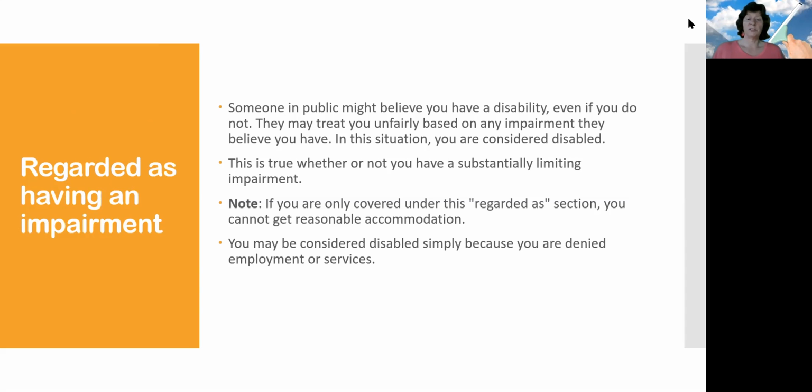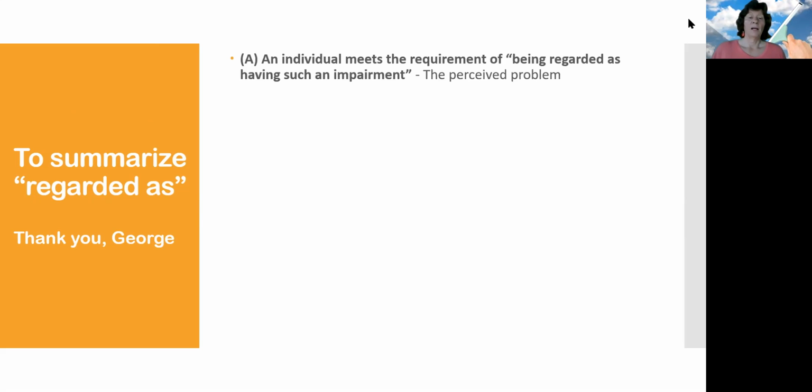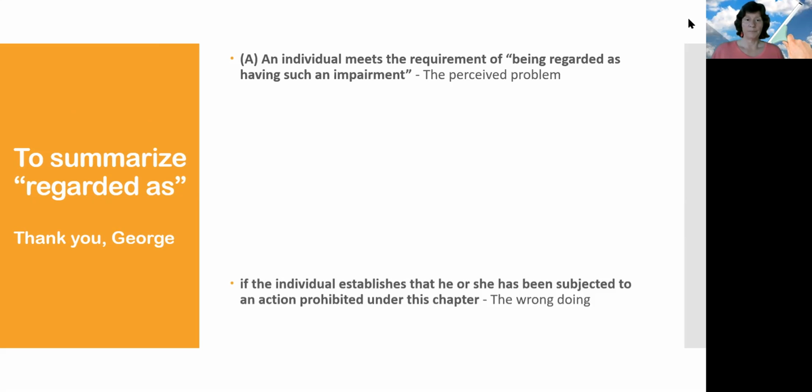You may be considered disabled simply because you are denied employment or services, or benefits due to myths, fears, and stereotypes about disabilities. To summarize regarded as, and thank you to George for that summary that made things much clearer for me. A, an individual meets a requirement of being regarded as having such an impairment that is a perceived problem.